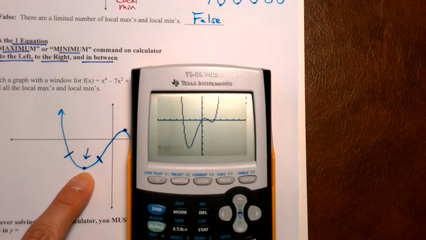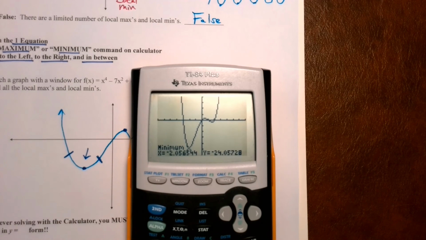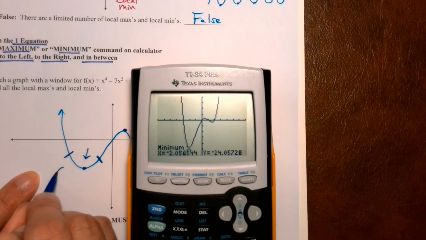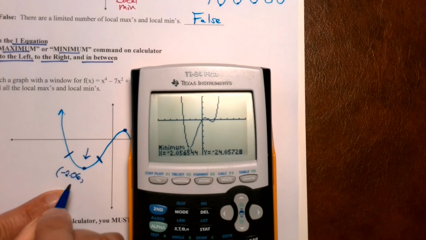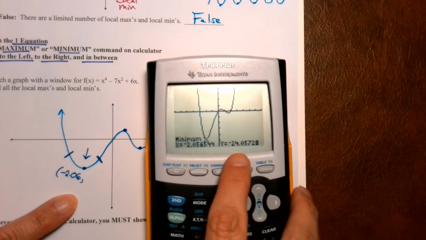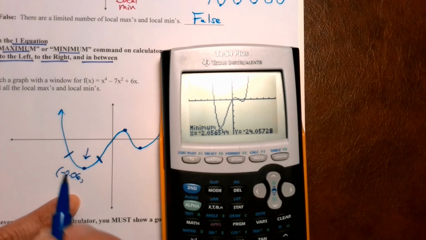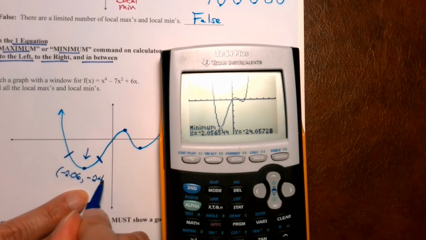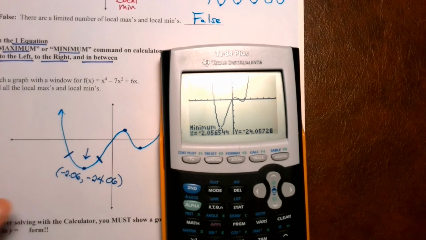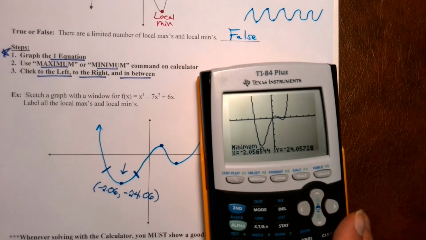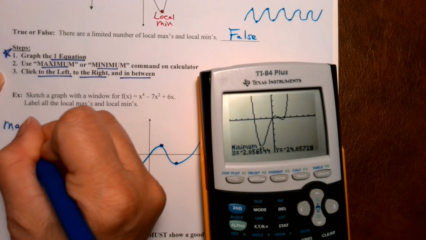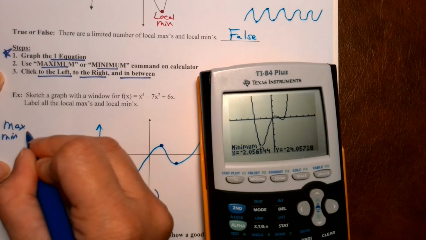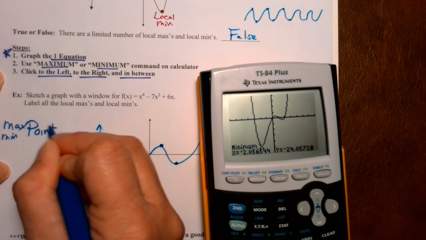The lowest point between those 2 boundaries is the point negative 2.06, comma, negative 24.06. What's different about this is we're finding maximum and minimum points.